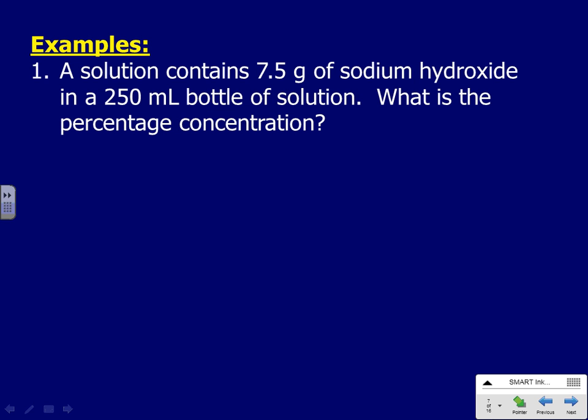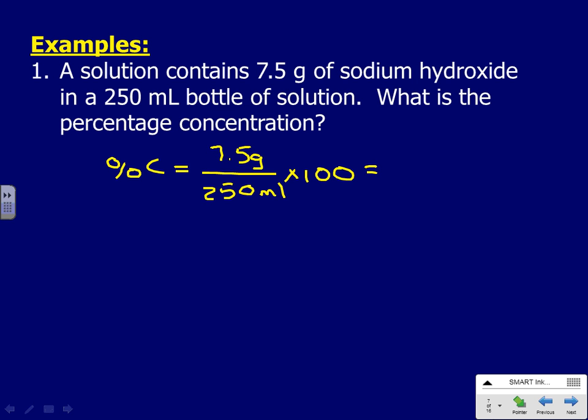I'm not even going to write down the overall equation that we wrote on the previous slide. We're looking for a percentage. Normally I don't put that, I usually just put C, but percentage C is fine. It doesn't matter. There's the solute, sodium hydroxide, 7.5 grams per 250 milliliters times 100. What do we got?